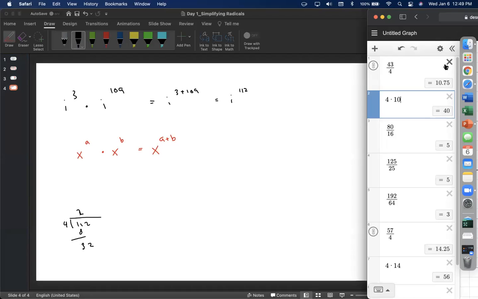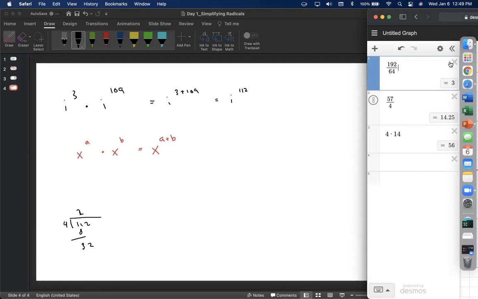So also, when you are doing this, you can also use this in the calculator. So we can think 4 goes into 11 twice. So that is going to be 4 times 2 gives me 8. Then 4 goes into 32 how many times? We can think 4 times 7, 28.